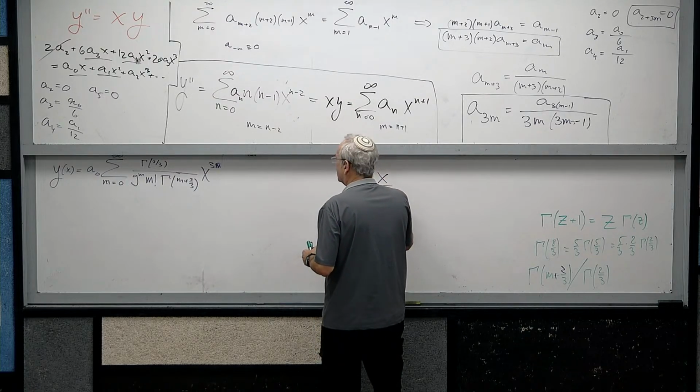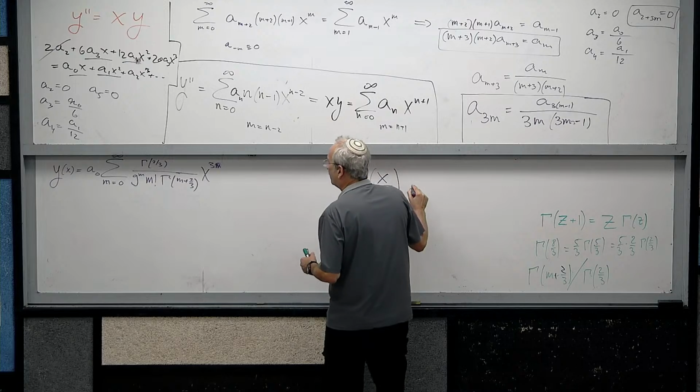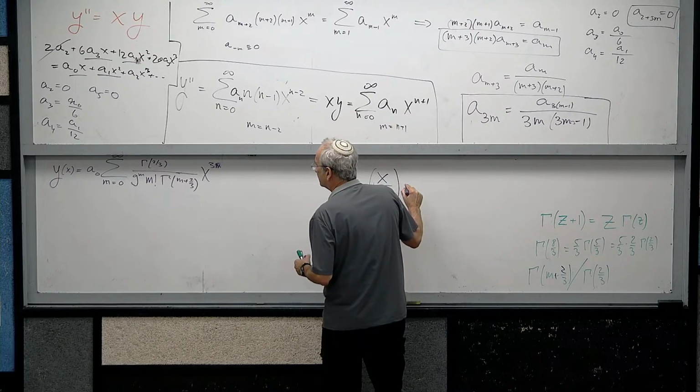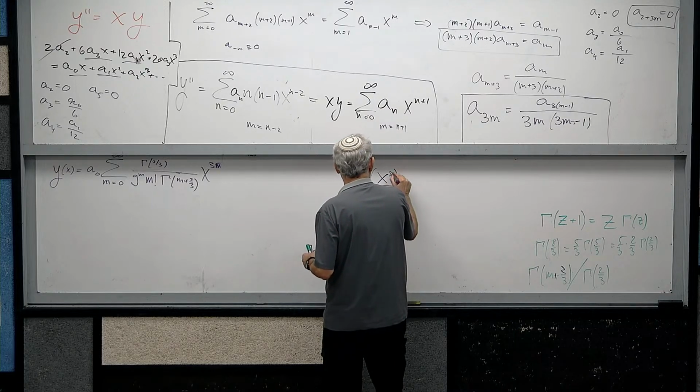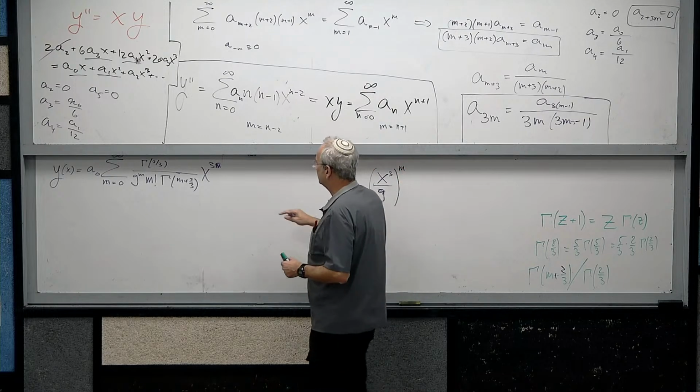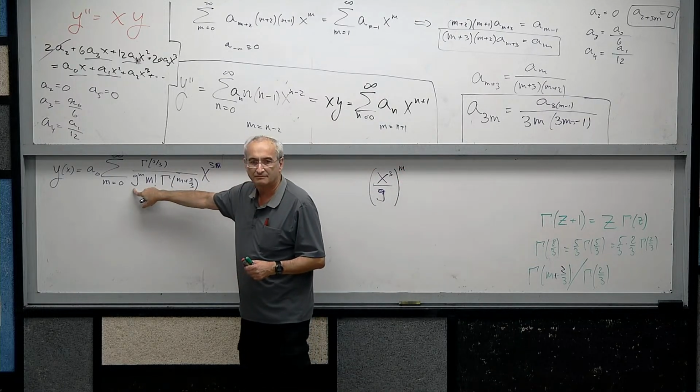x cubed over 9 to the power of m. This is this divided by that.